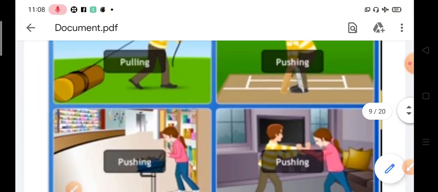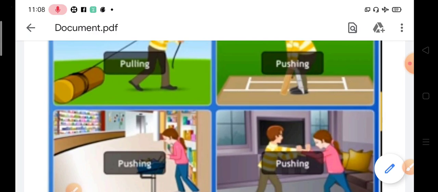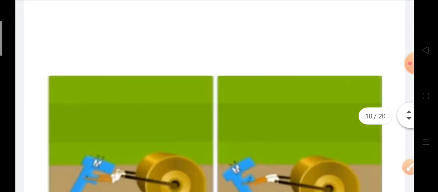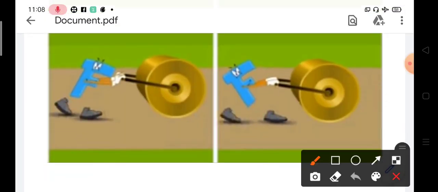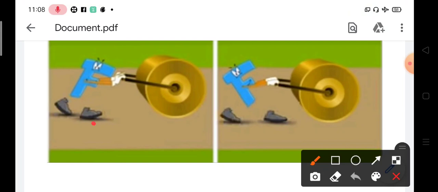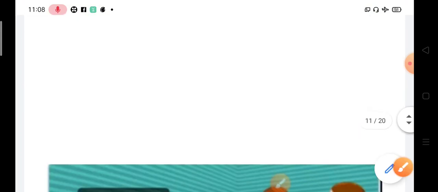All these 4 pictures say that pulling or pushing are the two different types of forces. So here this one is pushing, and over here this one is pulling. So push and pull is the force.